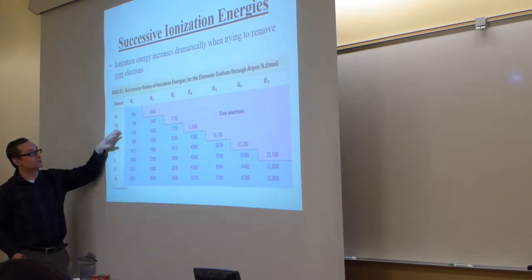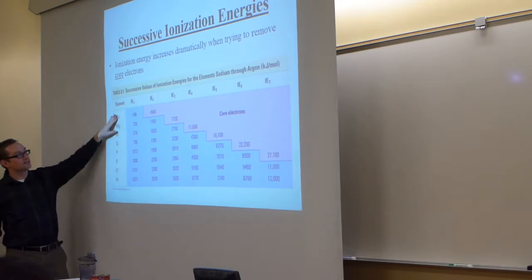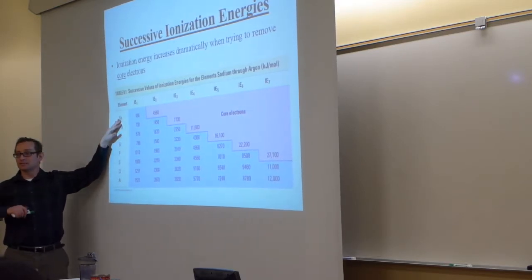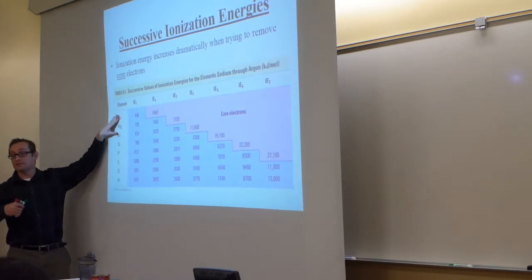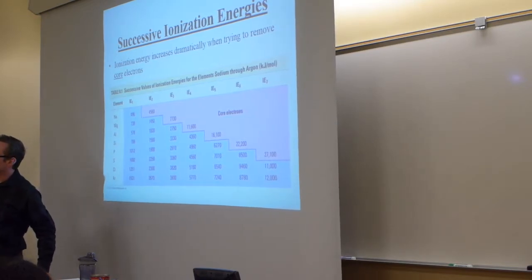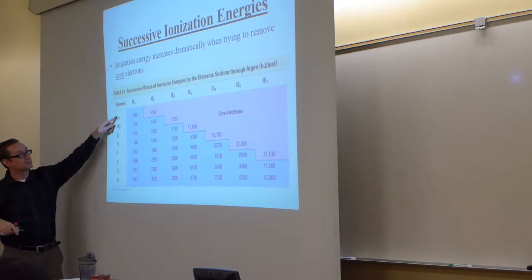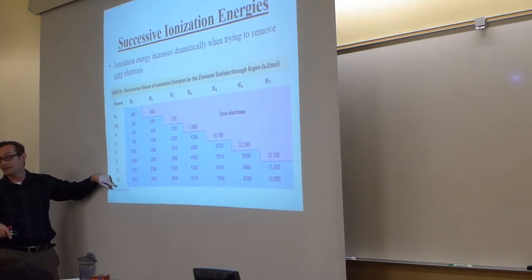Sodium going to argon goes down in a column in this table, but in the periodic table it's a row. So you're going from sodium, magnesium, aluminum, silicon, phosphorus, sulfur, chlorine, argon.